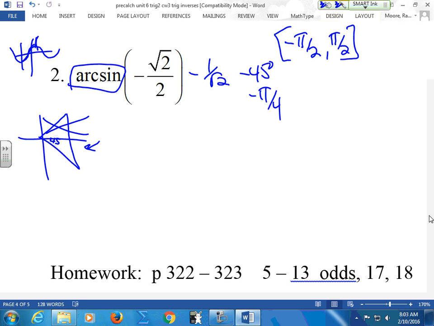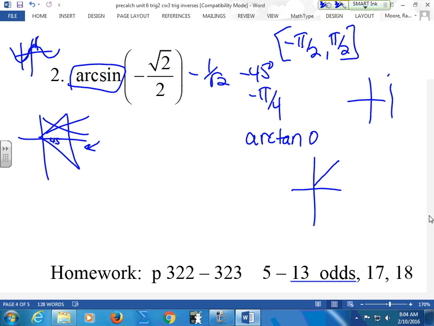Okay. How about this? An angle whose tangent, restricted, is 0. Where is this restricted to? What quadrants? 1 and 4.